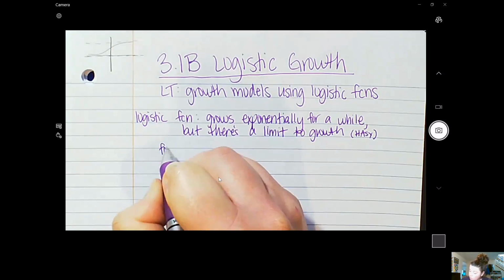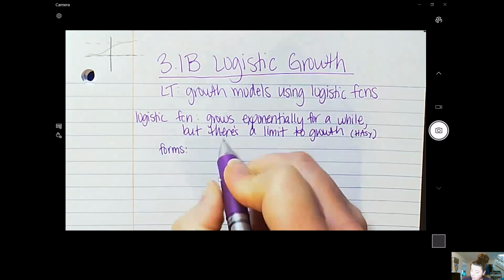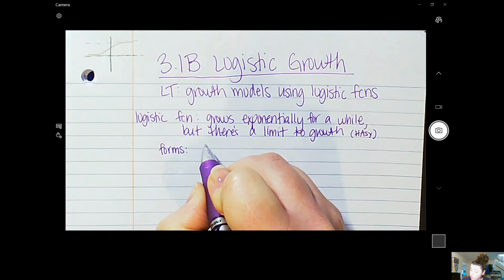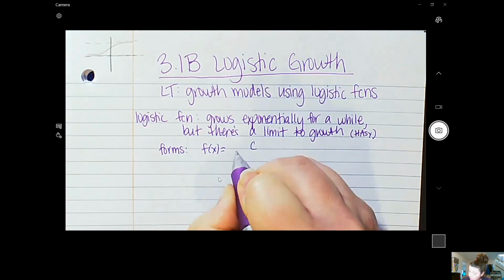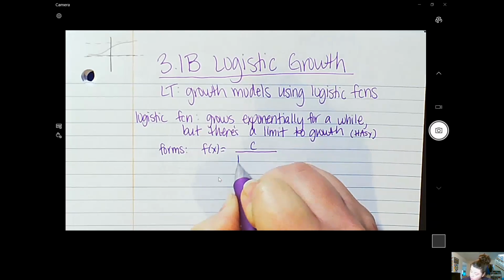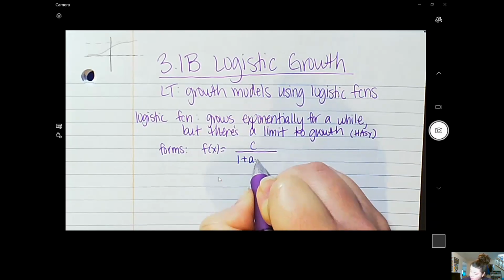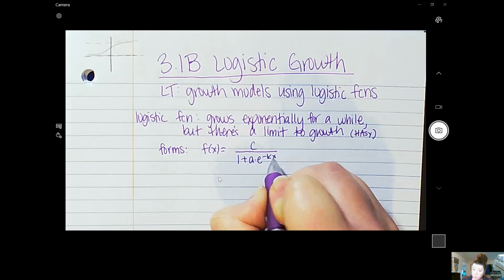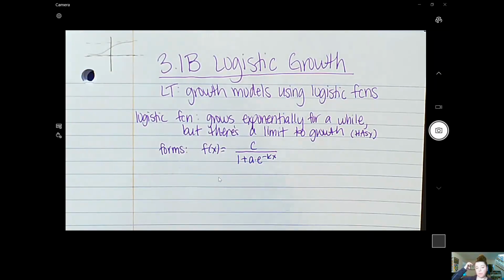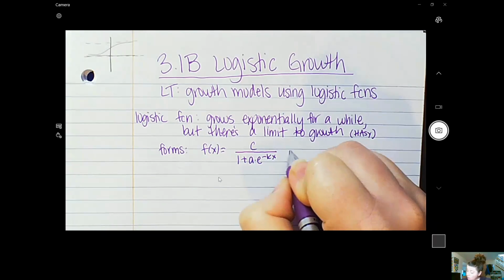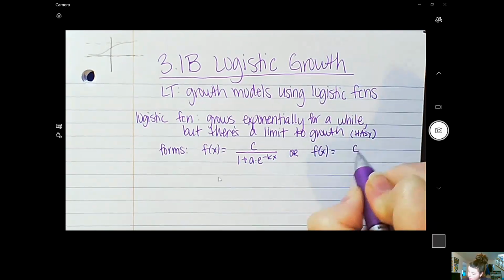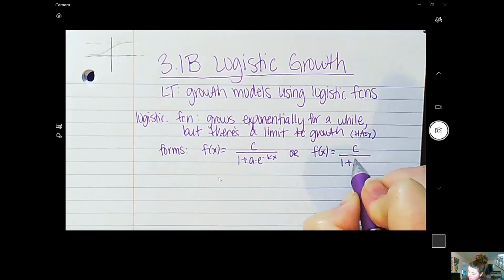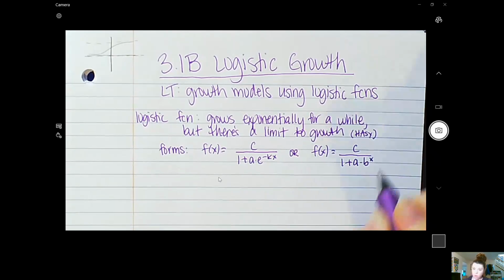So here are the two forms that you could see for logistic growth. One of them is f of x equals c over 1 plus a times e to the negative kx power. And the other one, or you could see it this way, f of x equals c over 1 plus a times b to the x power.